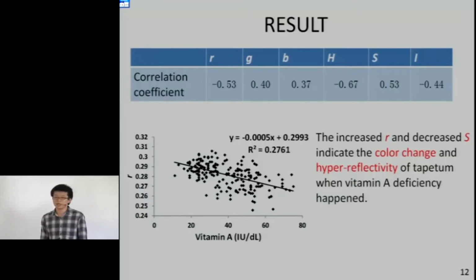This can be explained by the increased red component ratio showing a color change as in the first image I showed. And the decreased saturation can indicate the hyperreflectivity of the tapetum when vitamin A deficiency happens.